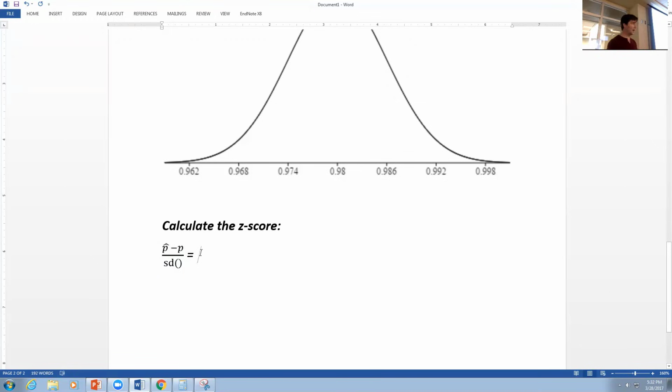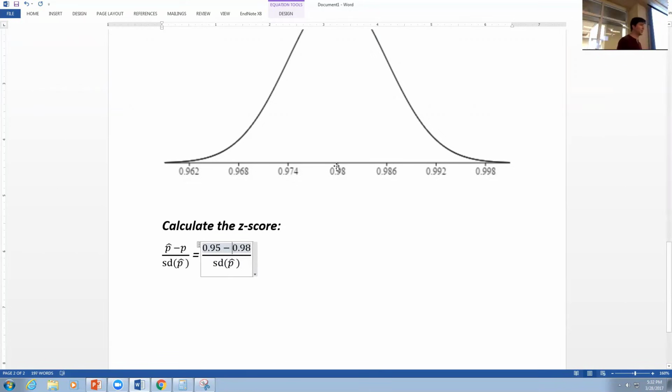Okay, so now we have p hat minus p over the standard deviation of p hat. And we simply plug and chug into this problem. In our sample, we observed 0.95. And then we subtract the mean because all we're doing is getting a distance.